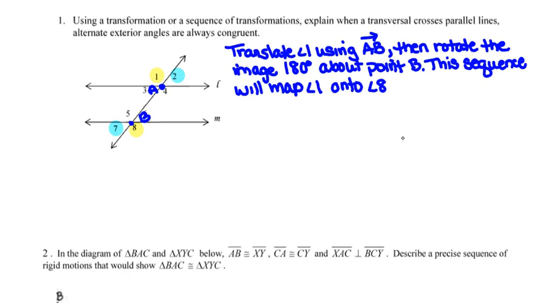I can do something very similar for angles 2 and 7. Using that same vector, translate angle 2 along vector AB. That'll map angle 2 onto angle 6. A 180 degree rotation about point B will again map angle 6 onto angle 7, producing that net result of starting at angle 2 and ending at angle 7. So I'm going to say translate angle 2 using that same vector, vector AB.